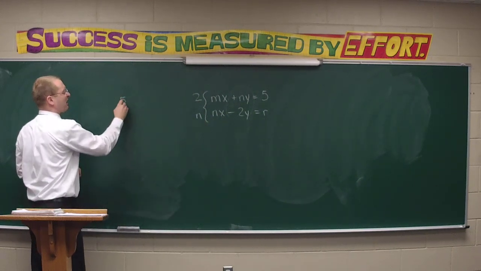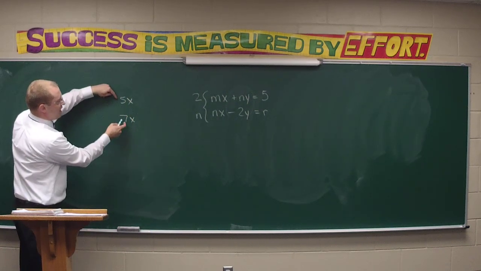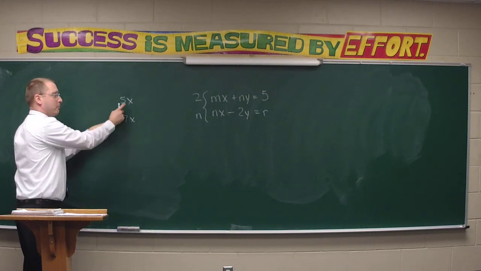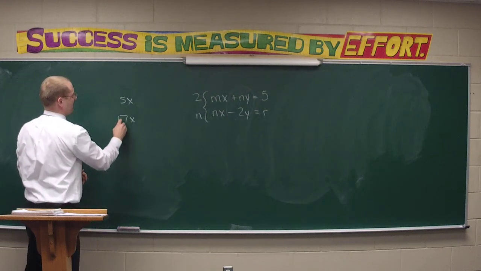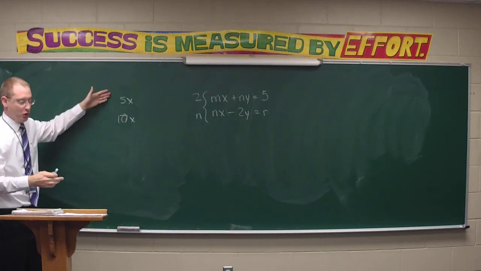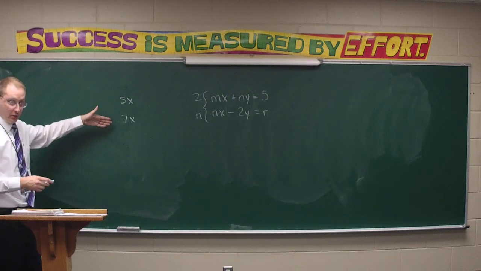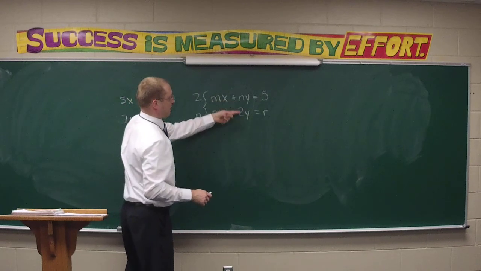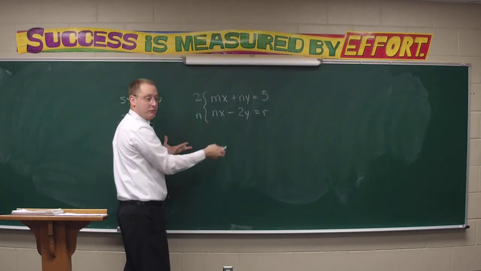For instance, if I have like a 5x and a 7x, how would I get them to match? Multiply this by the 7, and multiply this by the 5, correct? If there's no overlap, right? If this was like a 5 and a 10, okay, just multiply by a 2. But if there's no overlap between like 5 and 7, they're prime to each other, right? They have no common factors, just multiply by the other guy. So here, multiply by the 2 that's here, multiply by the n that's up there, and that'll get me a 2ny and a negative 2ny.